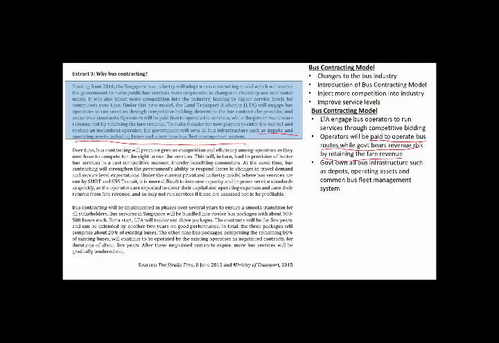You need to buy your buses, you need to have some fleet management system. But right now, again, your barriers to entry here have been slightly reduced because you don't have to own all this, because right now all these are owned by LTA. Your operators, what you have to do is just to operate the bus route. That means you have your drivers, you deploy your drivers accordingly to run these routes.